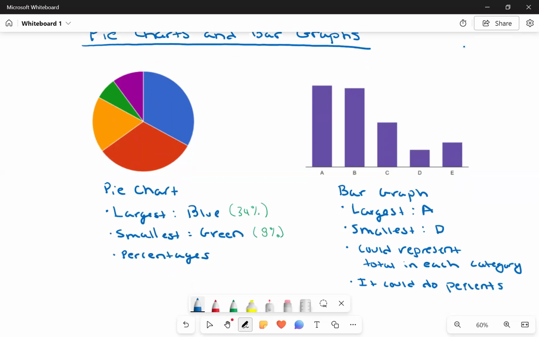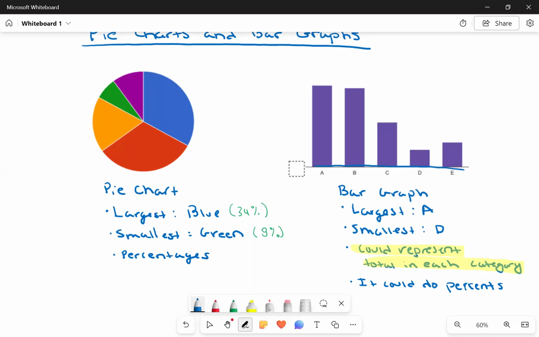So it really could do both. Its strength, though, is that it's best when you're representing the total in each category. In other words, if I were to create a vertical axis here and give some values, like saying that's actually 10, now I have tick marks I can use to figure out approximately how much is in each category. That's a little bit more valuable than looking at the percentages.